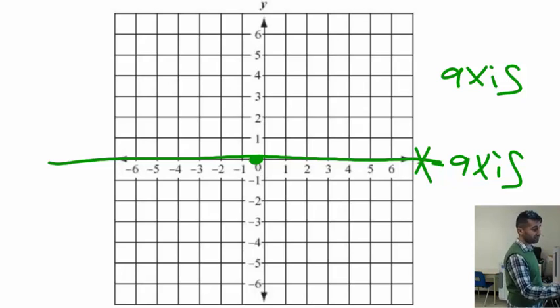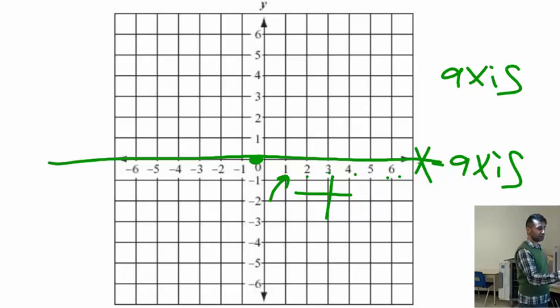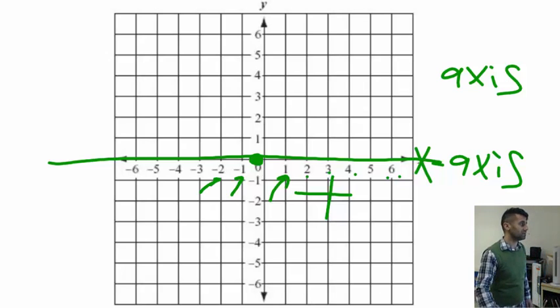On the right, we have positive numbers starting with 1, 2, 3, 4, 5, 6. And then on the left, right after 0, the midpoint, we have -1, -2, and it goes all the way up to whatever number the graph is using. And that's the x-axis.